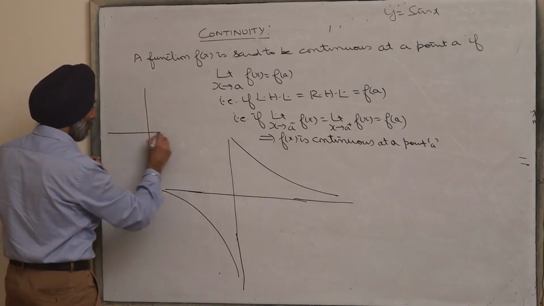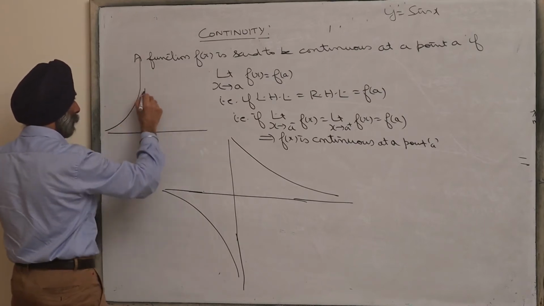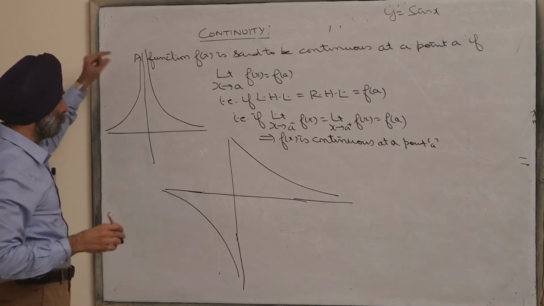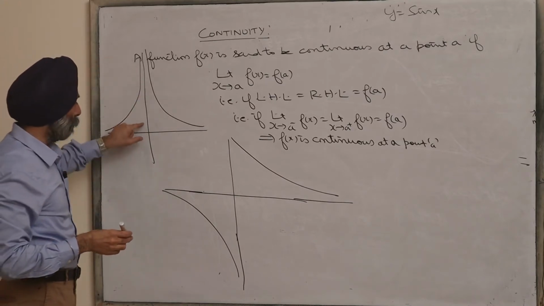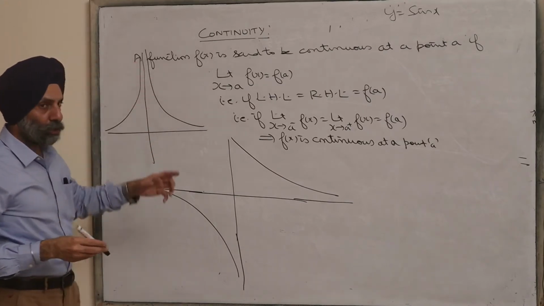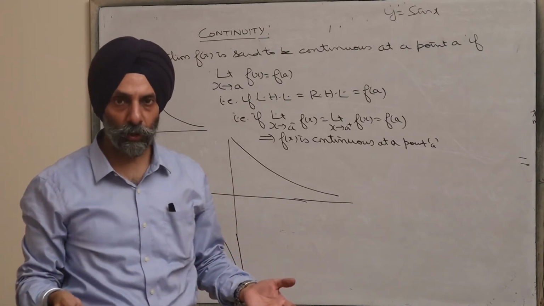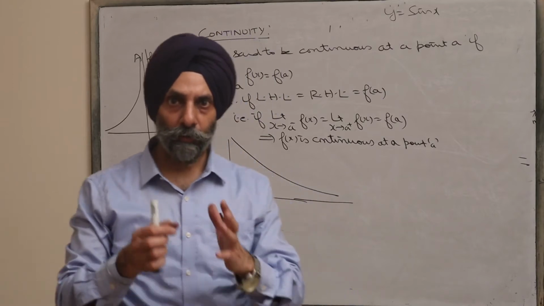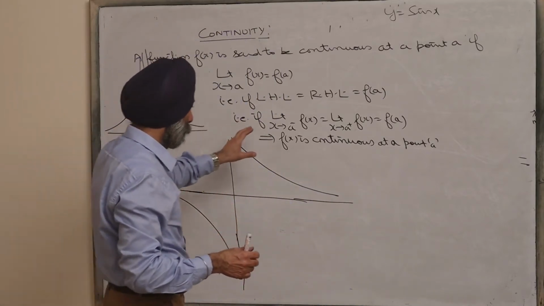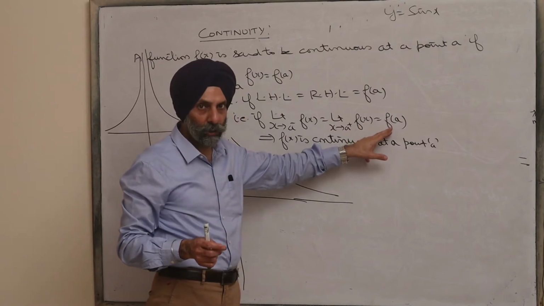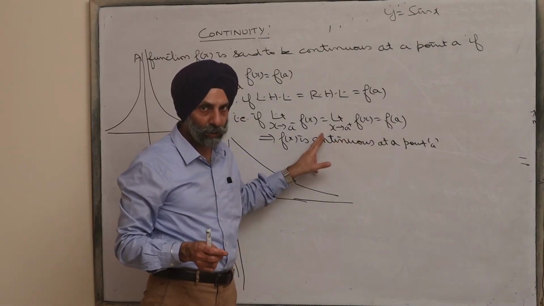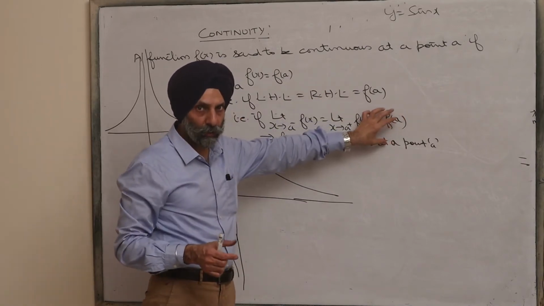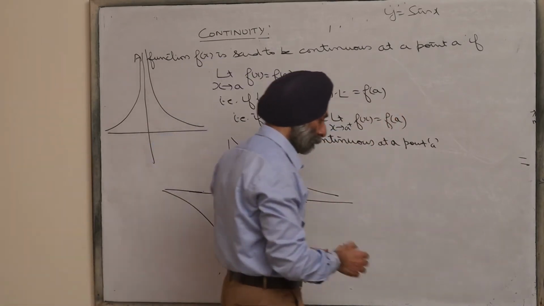Now, this is the graph of a function in which the limit exists, but you cannot define the function at x is equal to 0. Since it is not defined at x is equal to 0, how can you make this function continuous? Therefore, for a function to be continuous, all these three conditions should be satisfied simultaneously. That is, the limit should exist and it should be the same as the value of the function at the point.